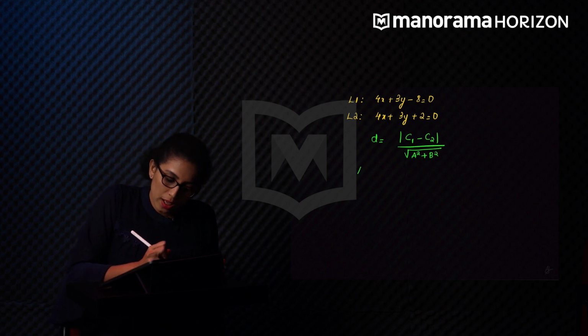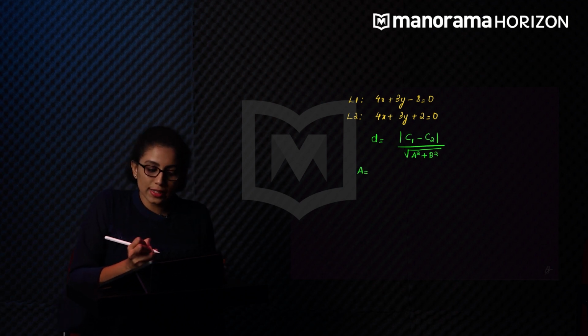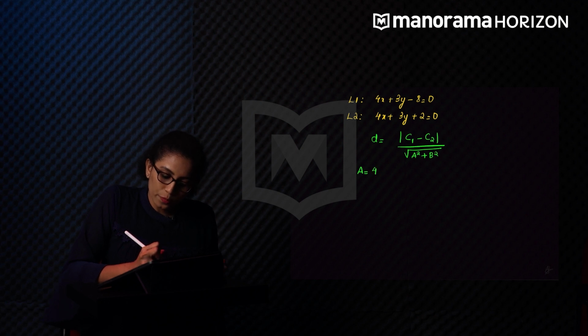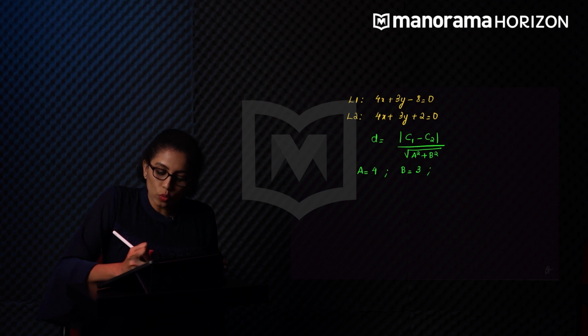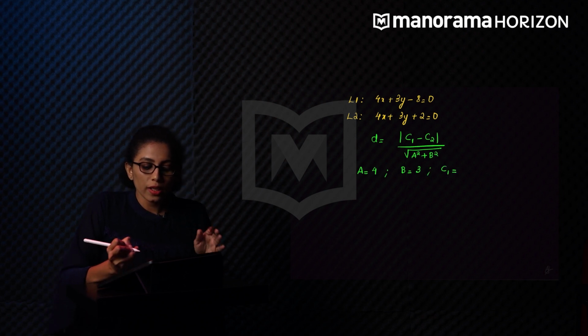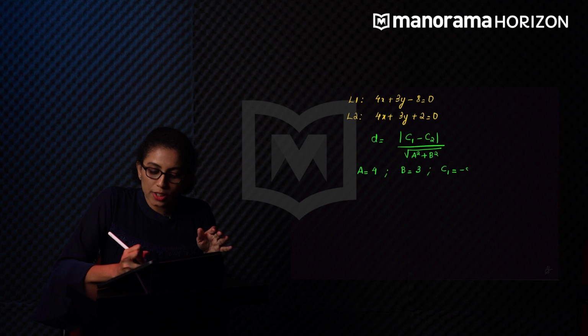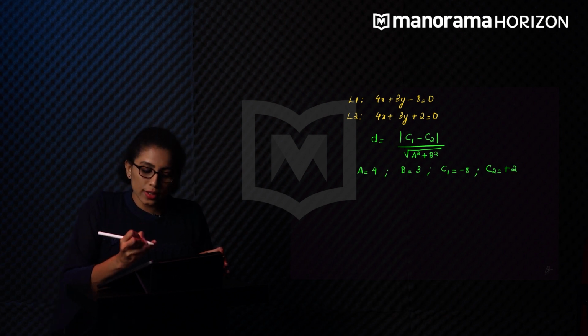So what is A? A is the coefficient of x, that is 4. And what is B? B is equal to 3. And what is c1? c1 is minus 8 corresponding to the L1. And c2 is plus 2. Now substitute in this equation.